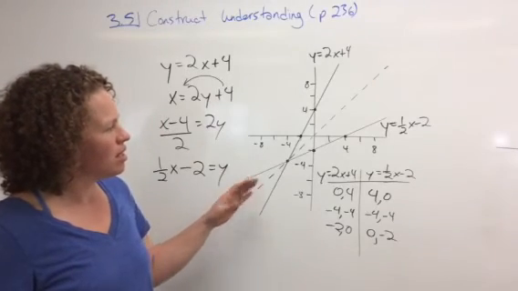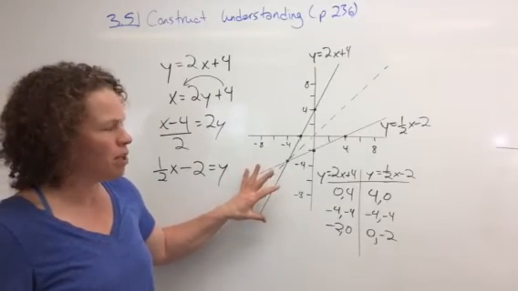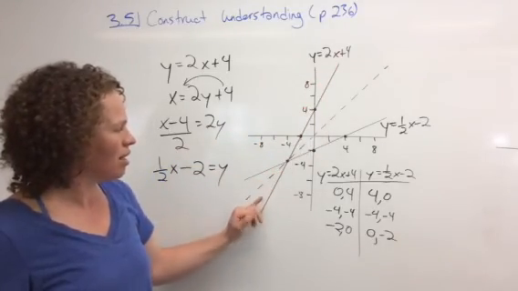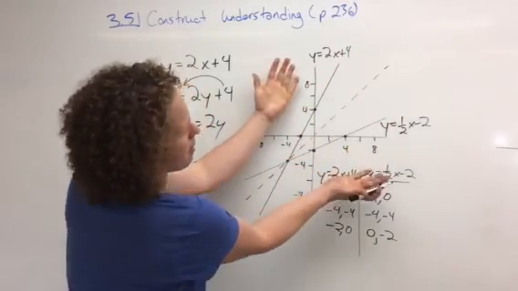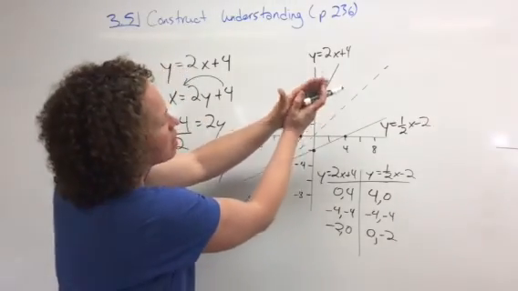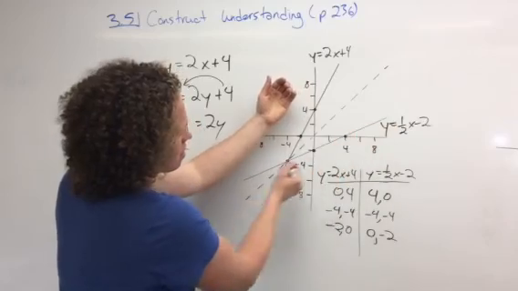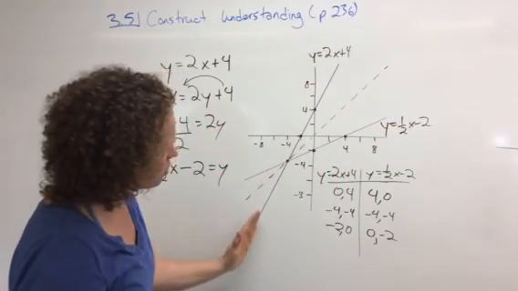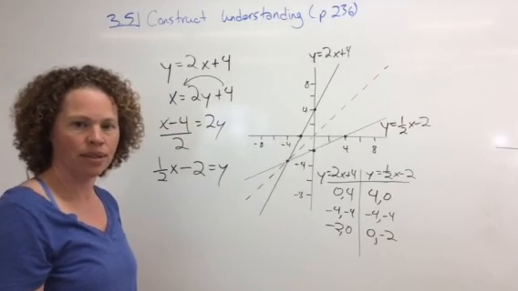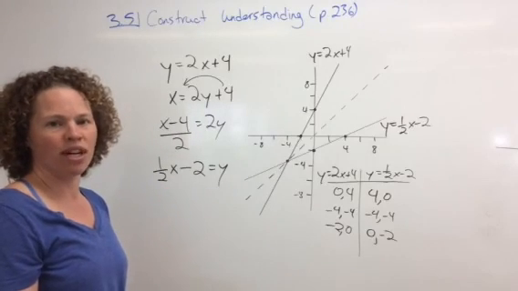If I were to take this and put it on a piece of paper and use wet ink and make this line and then fold it along here, squish it together, open it up again, this would be the exact perfect mirror image of this over the y equals x axis. That's pretty much 3.5 in a nutshell.